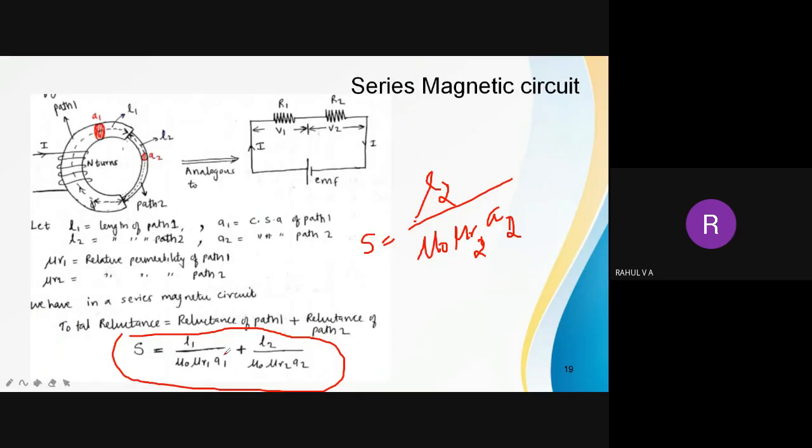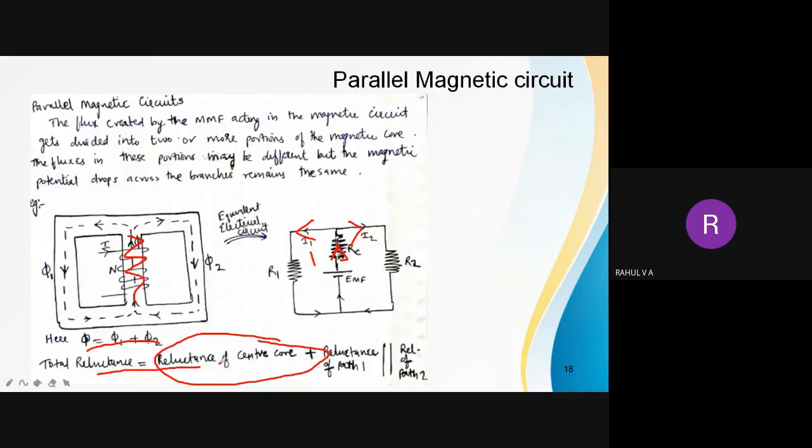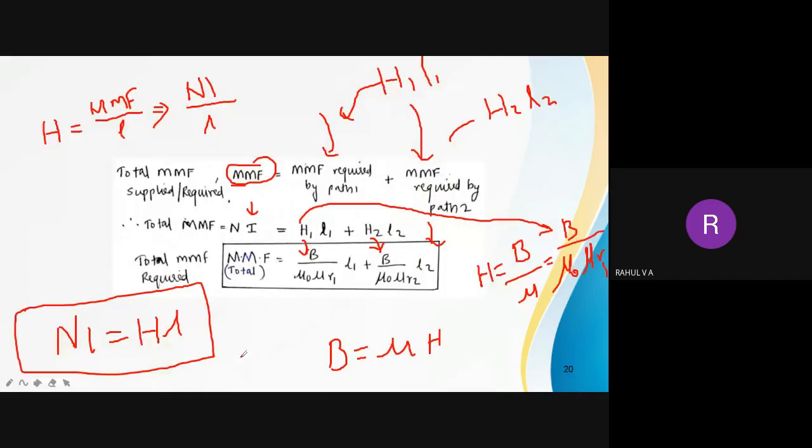Only one difference: when you are finding reluctance, there is an area term in the denominator. If you multiply by B, you remove that area term and add B in the numerator. What you will get is the equation for MMF. So how do you write these equations? It is very important. We have to do a lot of numericals now.